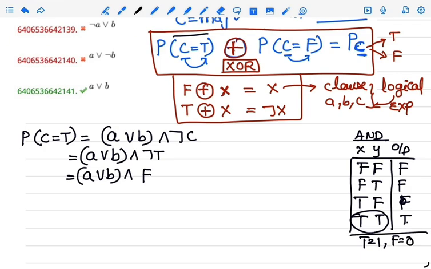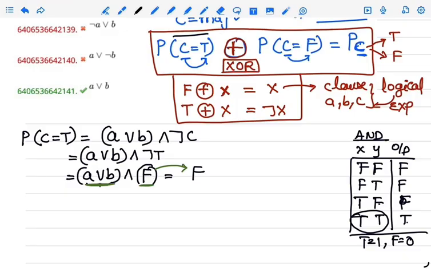If one of the inputs is false, the output is false, whatever the other input. So this value is false.